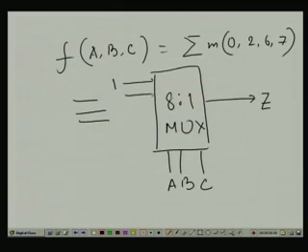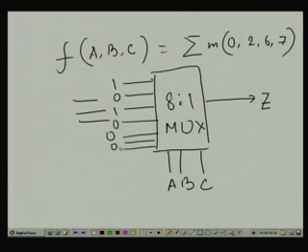That means, this is 0, this is 1, line 3 is 0, line 4 is 0, line 5 is 0, line 6 is 1 and the 7th line is 1. So, this is the realization using multiplexer.